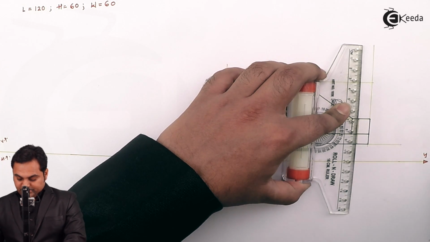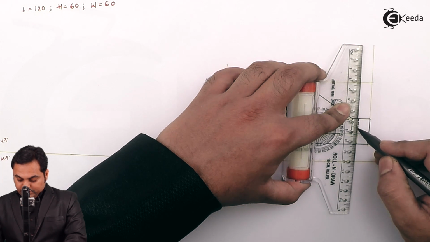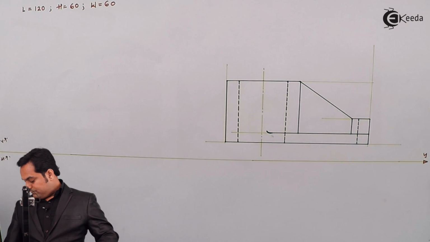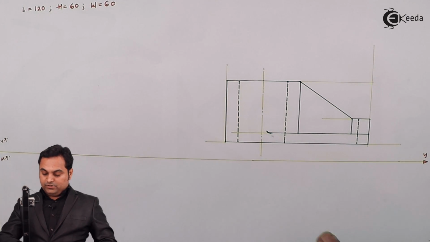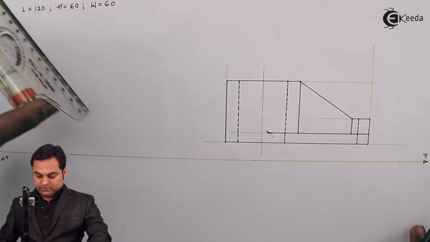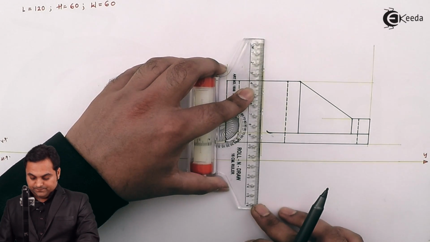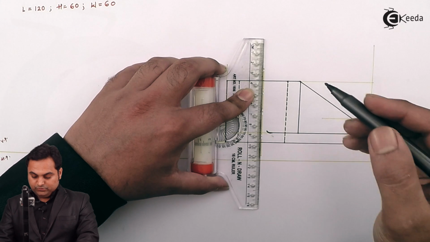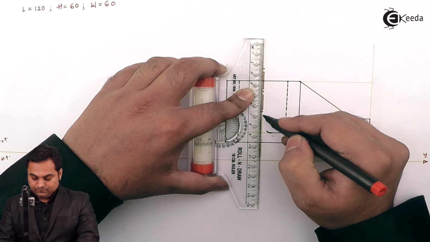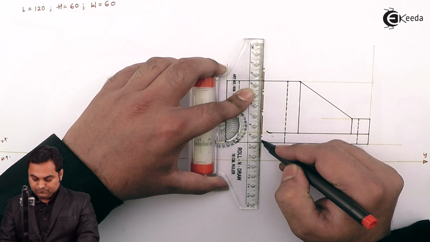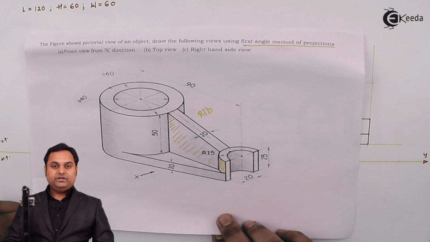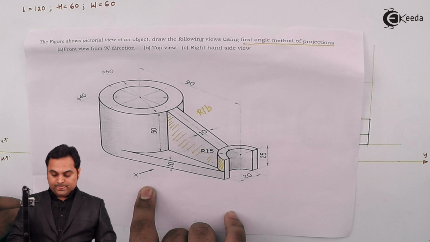And now since it is hidden, I'll draw a dotted line. So here, after reaching this stage, next I'll make this center line also dark, and it should be medium dark compared to the outline. So here we complete the front view of the object looking along x direction.